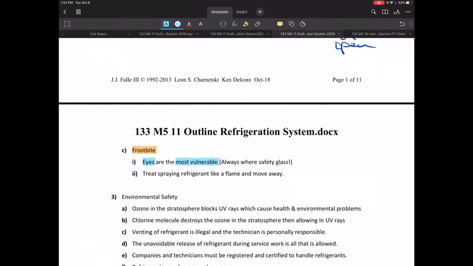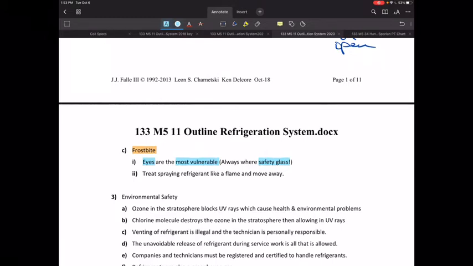So the big thing the person has to have is eye protection, obviously, and that's one of the reasons why in class we deal with safety glasses, and that would be a concern for everybody here. And if you have a refrigerant line that were to break, it's a little bit of a concern that you would have to be aware of.